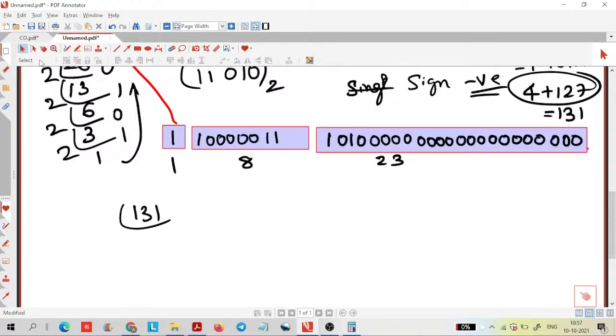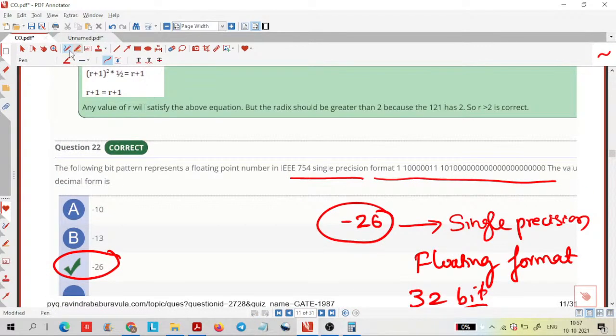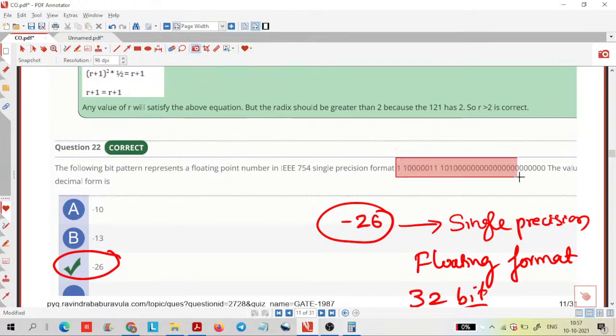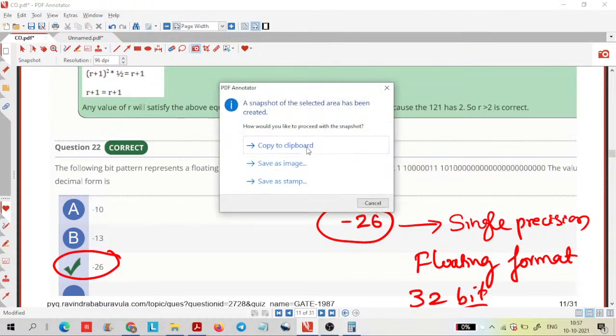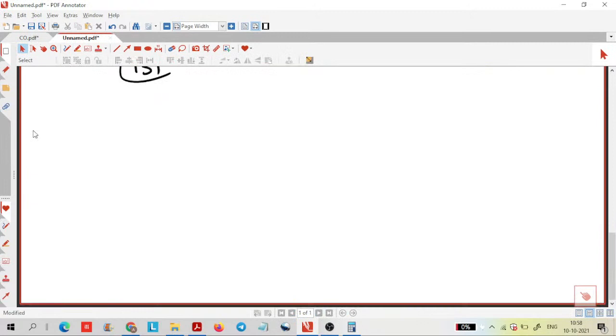Now I will take that binary value. Binary means whatever they have given. Okay, so this is the value they have given.